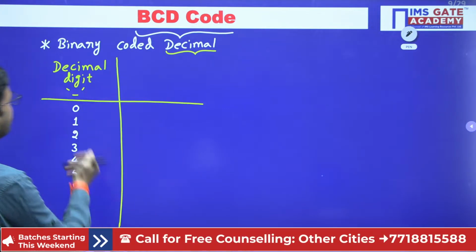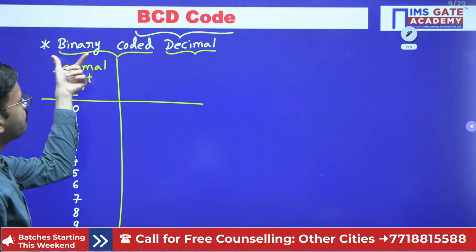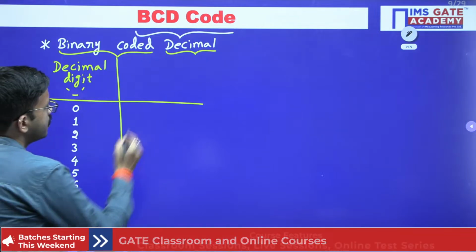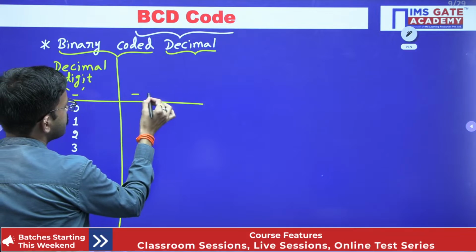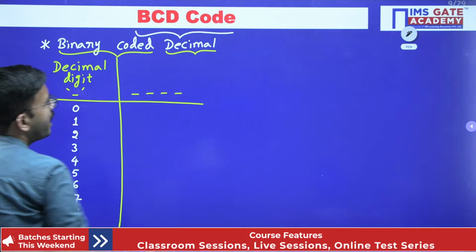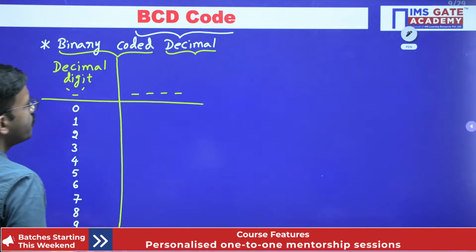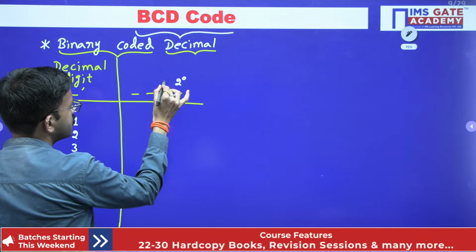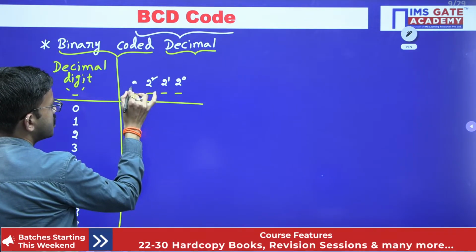We are using binary code. That's why the name of this particular code is BCD, binary coded decimal. I hope all of you are familiar with how to represent decimal numbers in binary. When you have 4 bits, the corresponding positional weights are 2 power 0, 2 power 1, 2 square, 2 power 3.